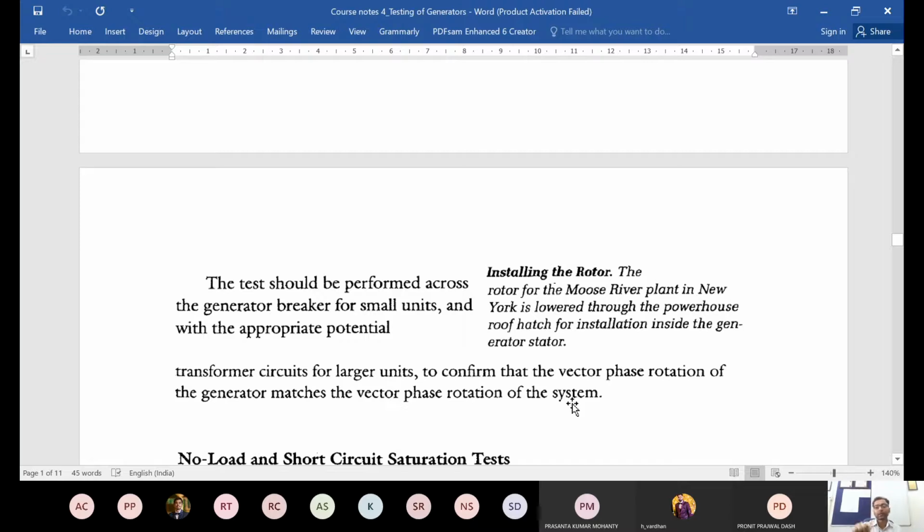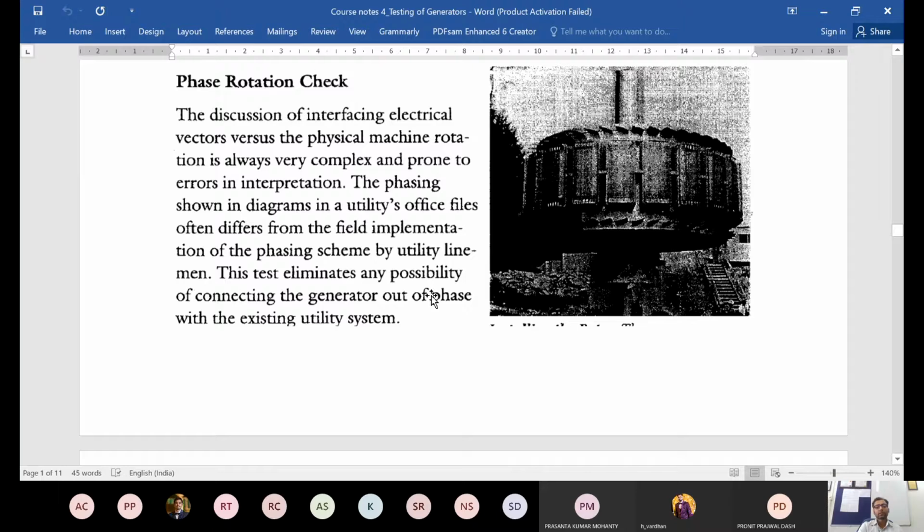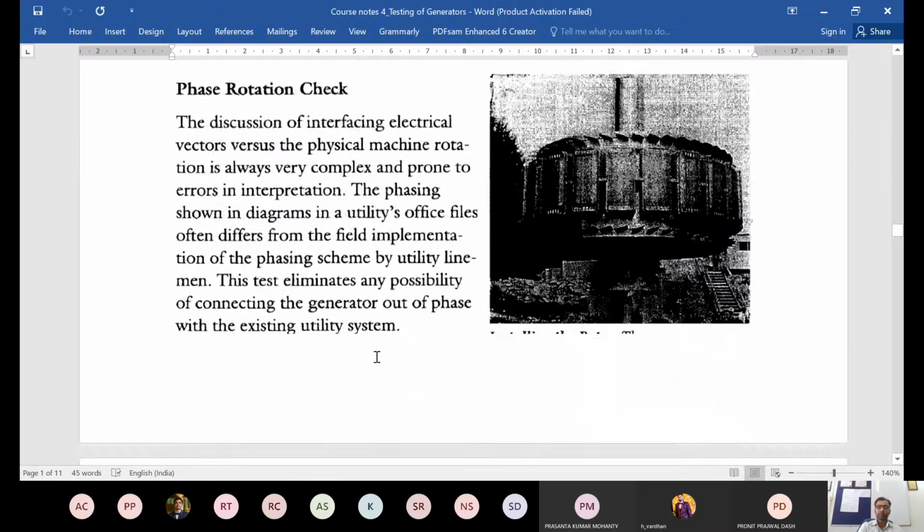As simple as that: if it is a clockwise rotating phase system, then your generator phasor should also have clockwise rotation and not anti-clockwise rotation. So to ensure that the winding has been wound properly and the phase sequence has been maintained properly, this test, the phase rotation check, is performed.